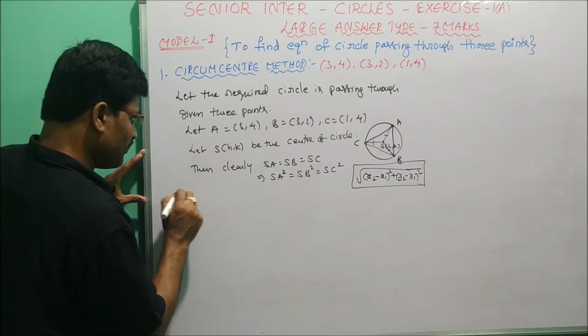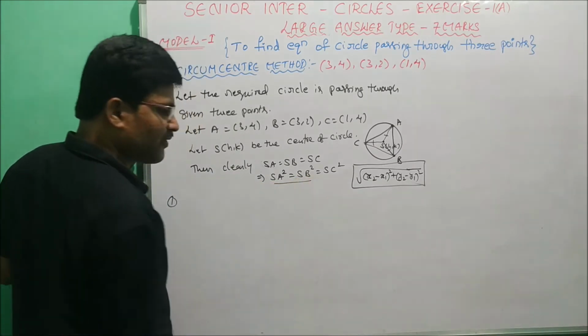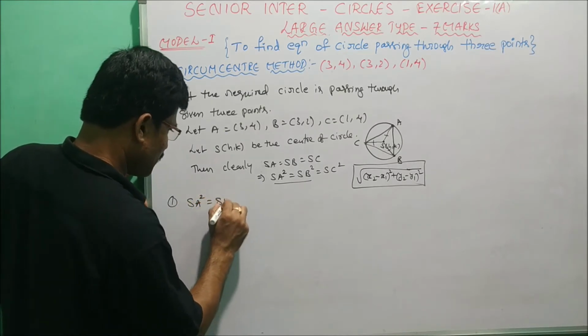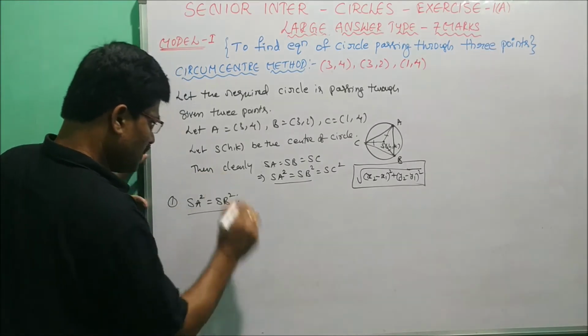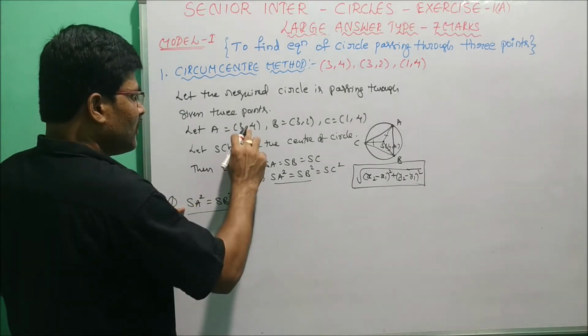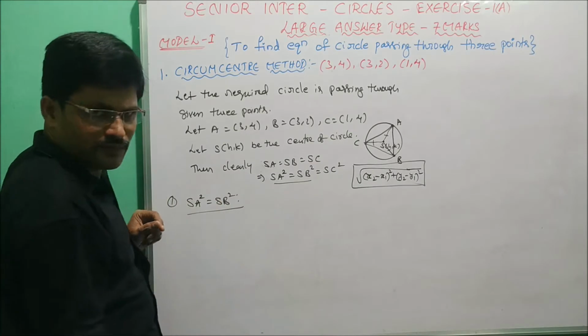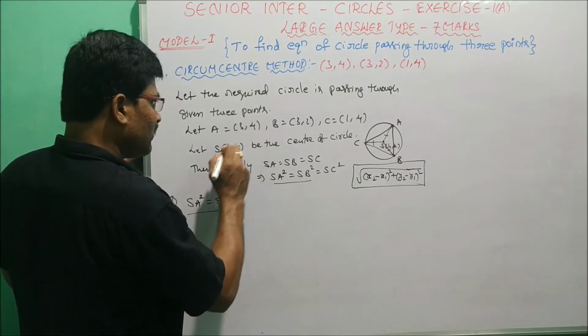Now in the first condition we take SA square equals SB square. In this, S is (h,k), A is (3,4), B is (3,2). Now we take these 2 points.